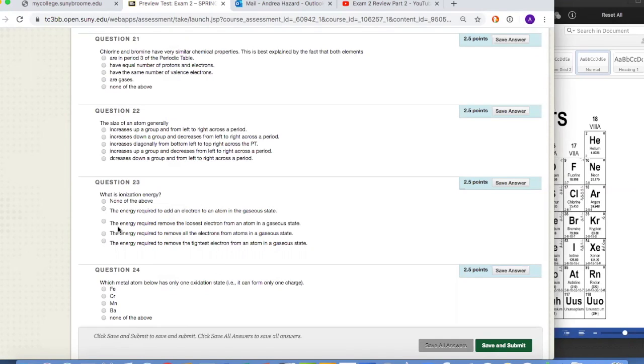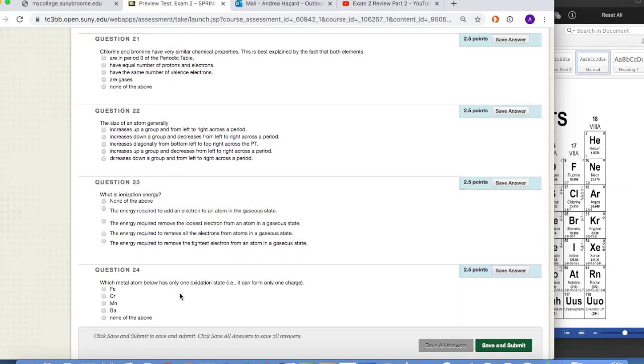So that is correct because that is what ionization energy is by definition, but let's just look at the other two choices. The energy required to remove all of the electrons, so it's not all the electrons, it's just one loose electron, and then the energy to remove the tightest electron, and that's not the choice either. The loosest electron is the one that's going to be lost first, and that's what ionization energy measures.